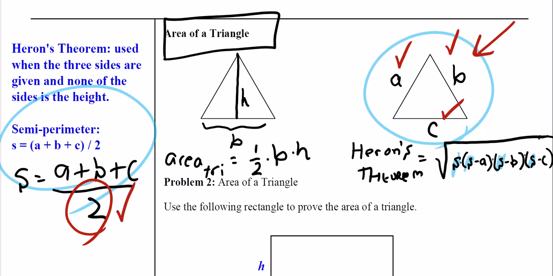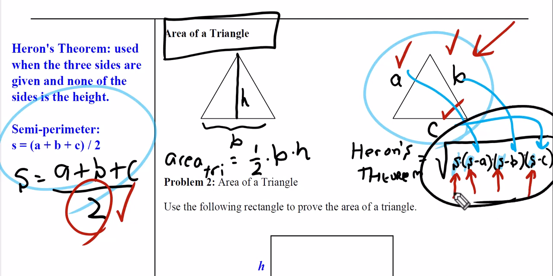Step 3, take that number and plug it in here for every S you have, and then plug in the A, the B, and the C in the right spots. And then finally, step 4, put this thingamajigger in a calculator and let it do its thing, and then pump out the answer. Now, granted, yeah, that sounds like a lot more to do than just this formula.